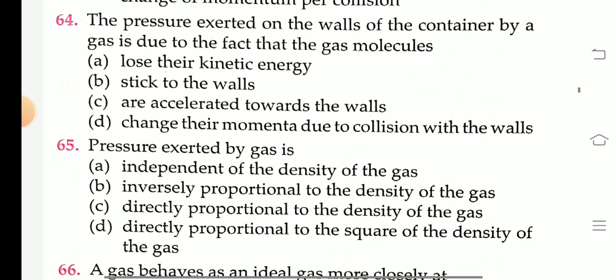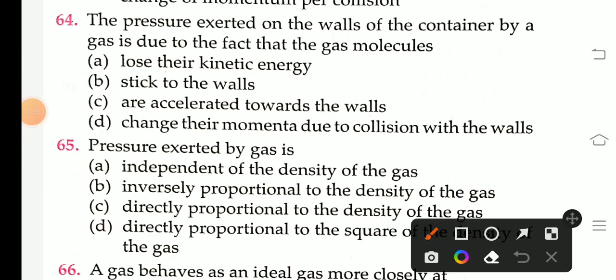Next, the pressure exerted on the walls of the container by a gas is due to the fact that the gas molecules, right answer will be option D, change their momenta due to collision with the walls.